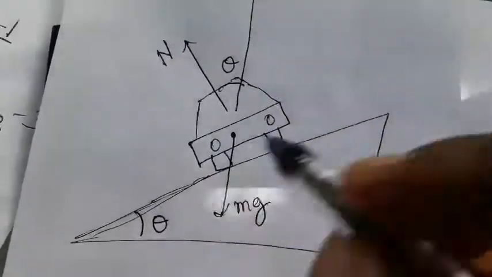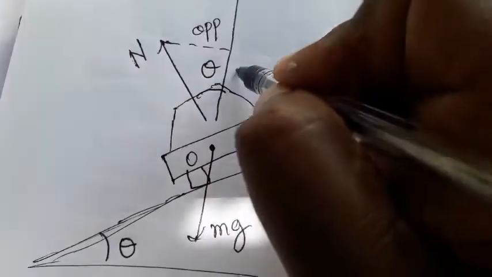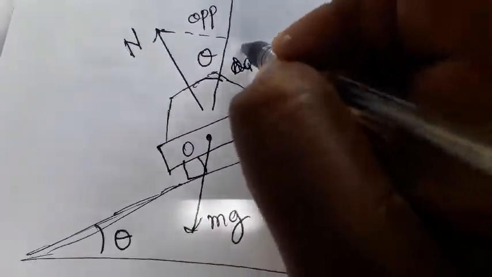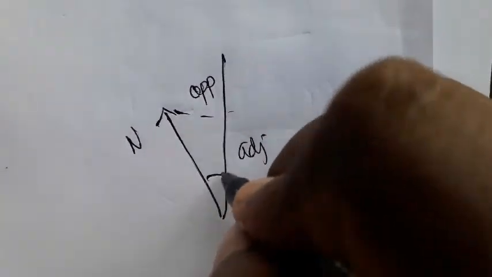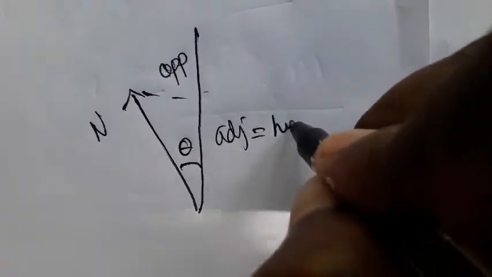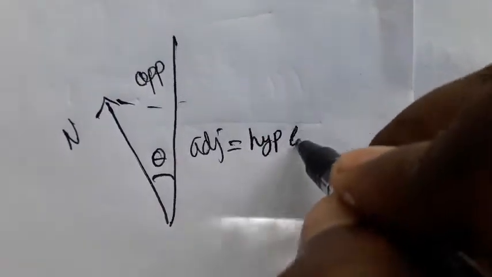Now the resolution of the normal. I am taking this triangle: it has an opposite side, an adjacent side, and a hypotenuse. The normal is this side. Adjacent by hypotenuse is cos theta, opposite by hypotenuse is sin theta.